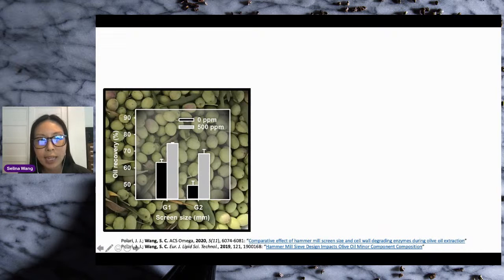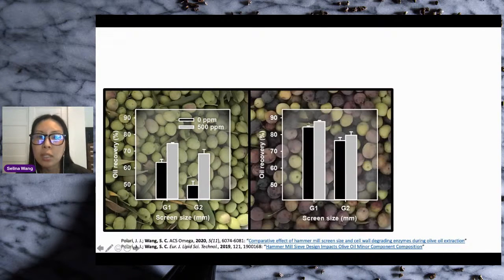So one, we added pectinase as enzyme during processing. One has no enzyme. And then you can see with smaller grit size, that's G1, and enzyme, you are able to recover more oil in green fruit. So remember, green fruit is less ripe. And we saw similar but less significant impact with more ripe fruit.